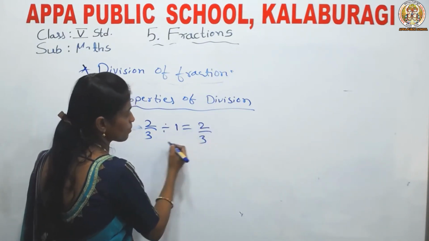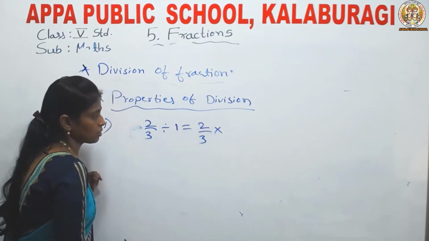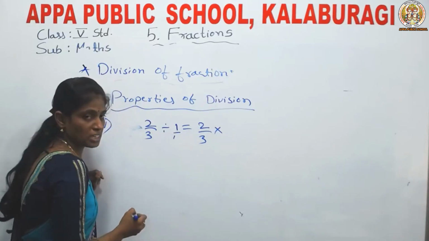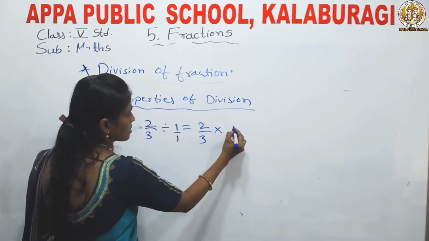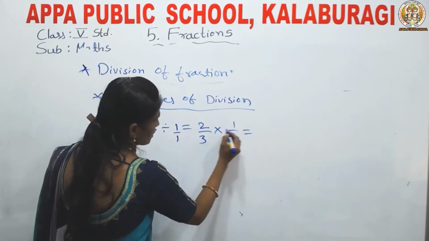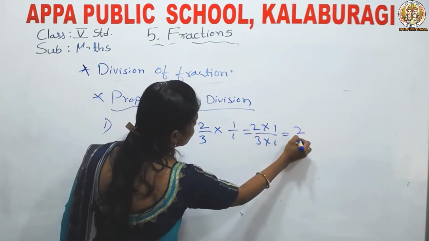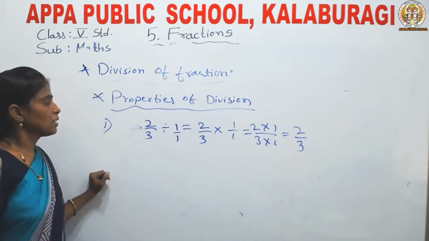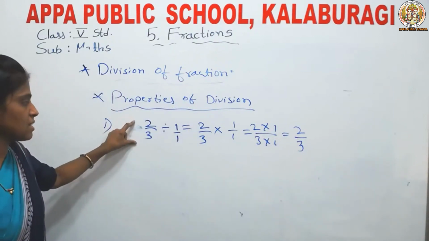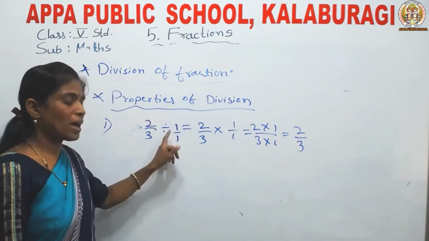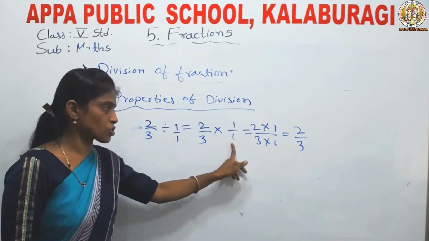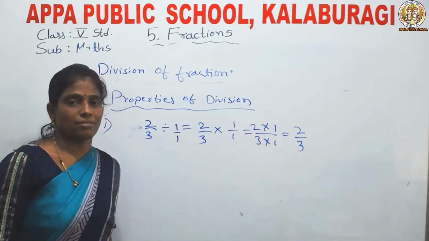How? Take 2 by 3 divided by 1. The sign changes here, and where no number is written, 1 is there. That is 1 by 1 as it is. That is 2 into 1, 3 into 1, we get 2 by 3. Okay, so when a fraction is divided by 1, the quotient is the fraction itself.